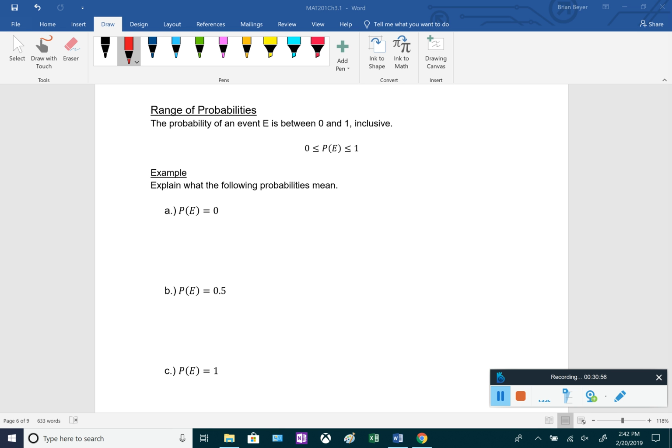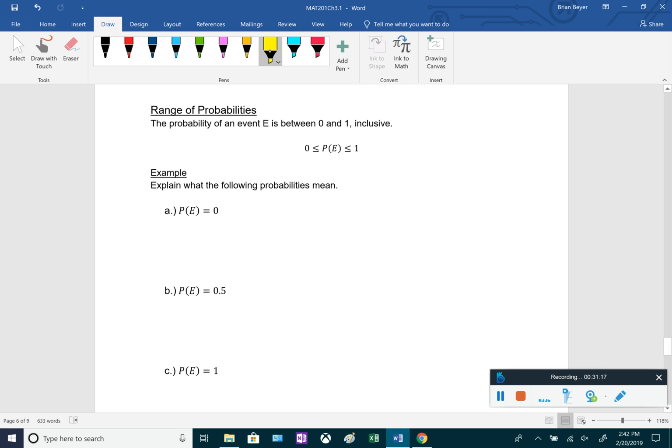All right, so that was the law of large numbers. For the next thing, we have the range of probabilities. What this means is what numbers the probability can fall between. So the probability of an event E always has to be between 0 and 1, including 0 and 1.